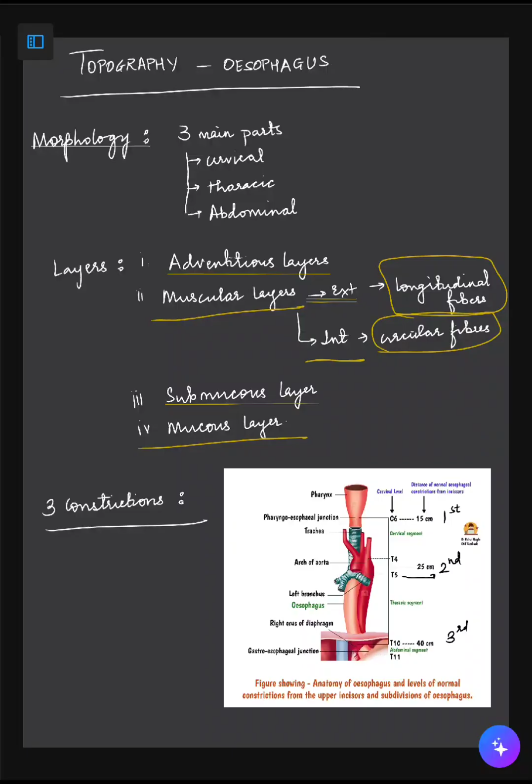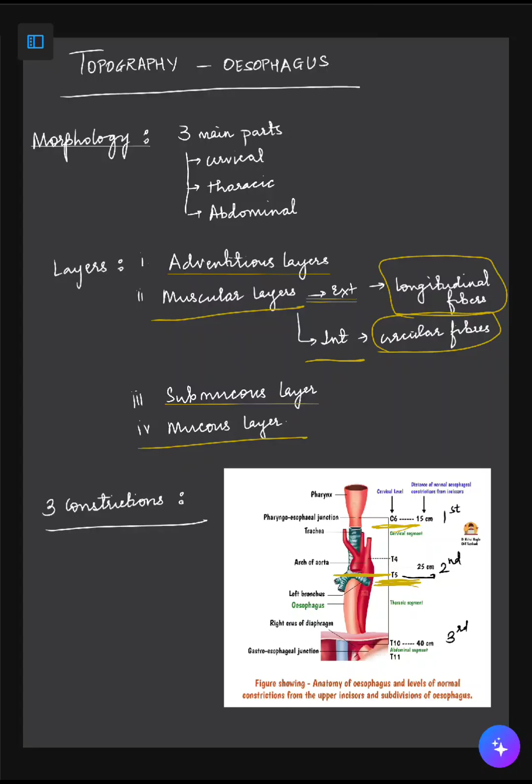Now there are 3 constrictions along the course of the esophagus. First constriction is near the 6th cervical vertebrae, which is the mouth of the gullet. Next constriction is near the 5th thoracic vertebrae, where the aortic arch and bronchus cross.